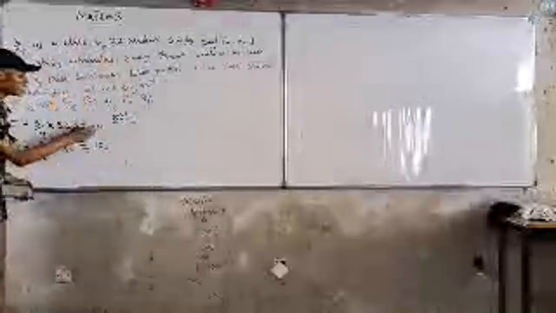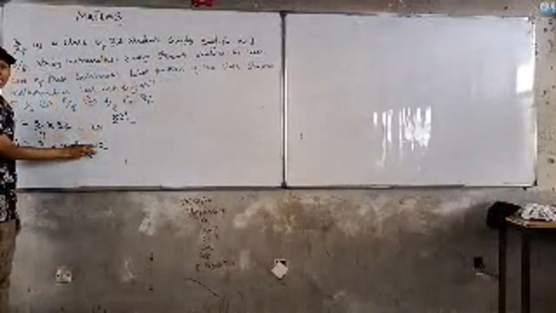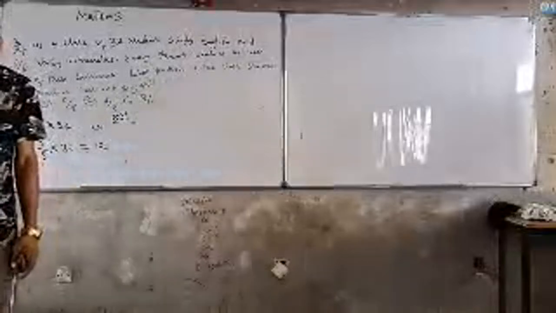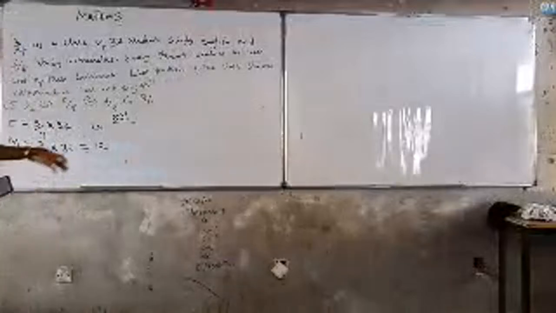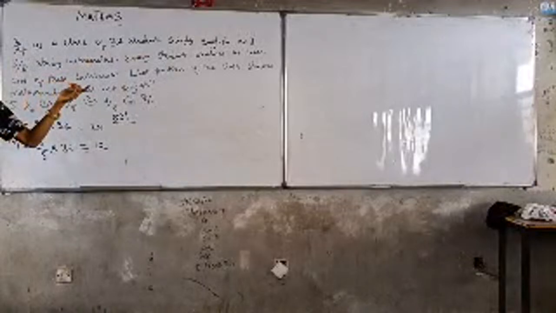But adding the totals together, it exceeds the number of persons in the class. It means some persons are doing both subjects. But the question says every student studies at least one of these subjects.